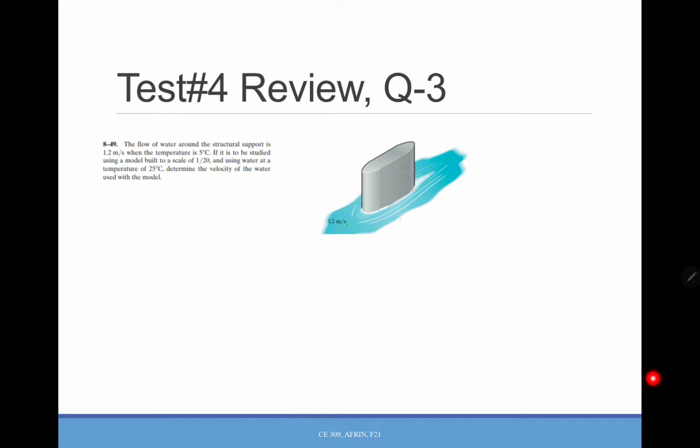Again, it seems like open channel flow, not pipe flow, but if you look at the question description, basically the dominant force is the friction along this surface. So that's why you need to use the Reynolds number again. So Reynolds number for model, Reynolds number for prototype. Okay, and then you can solve this question.